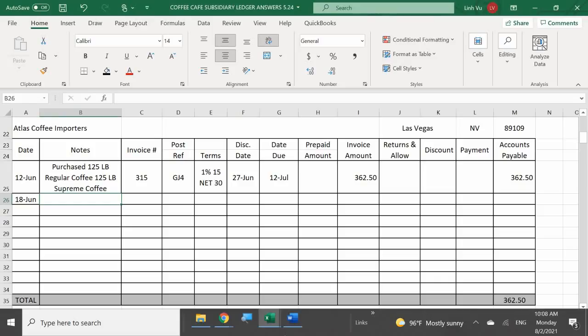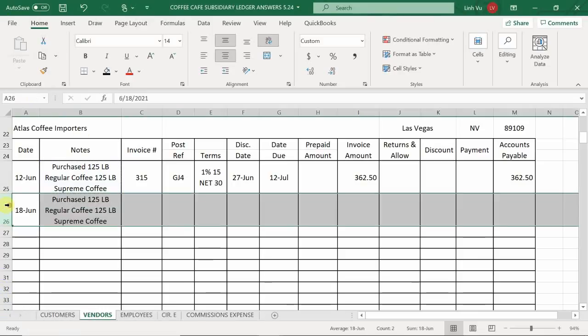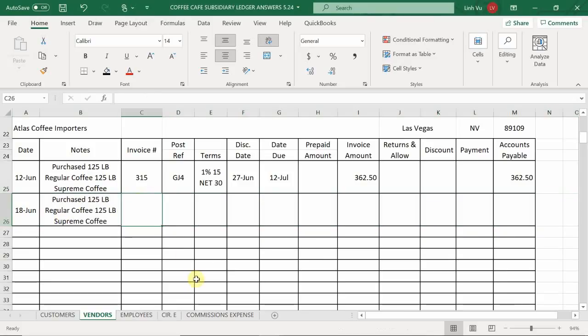Same thing as we did on the first transaction, right? We purchased 125 regular pounds and 125 supreme pounds. Okay, good. Invoice number $320.